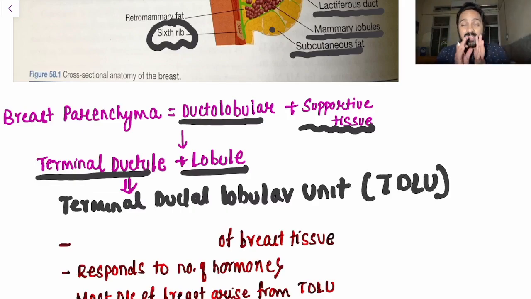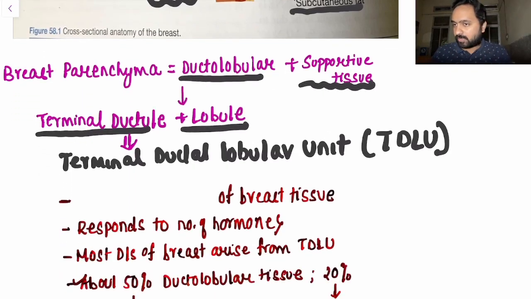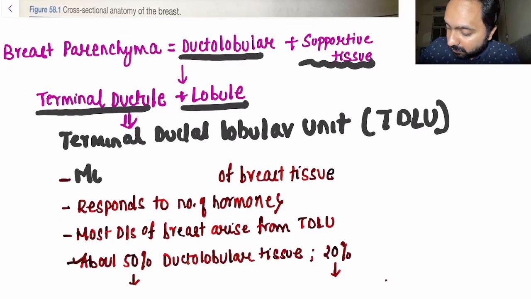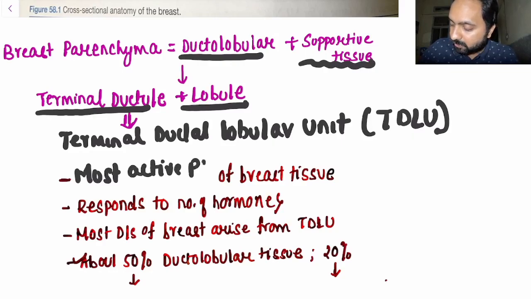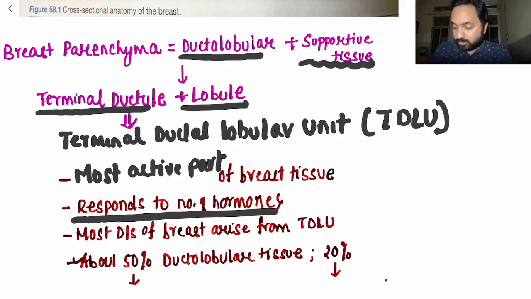Now this TDLU is very important. Why is it very important? This is the most active part of your breast tissue. It responds to a number of hormones, and most of the diseases of the breast arise from this TDLU.